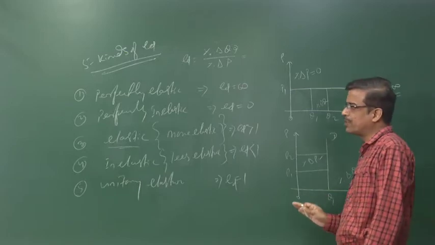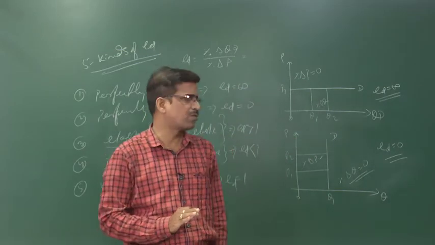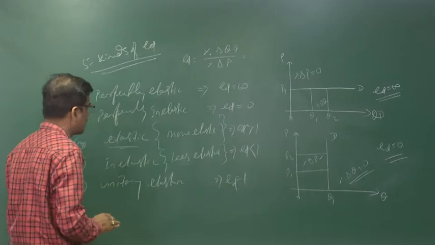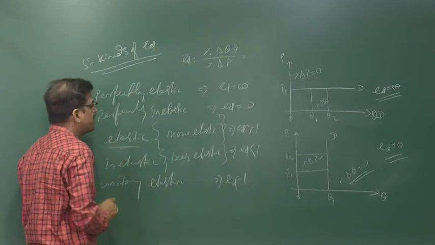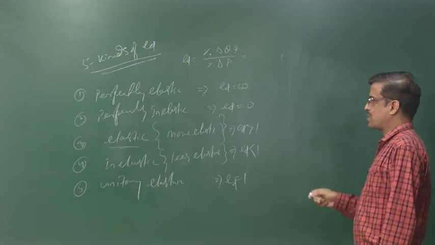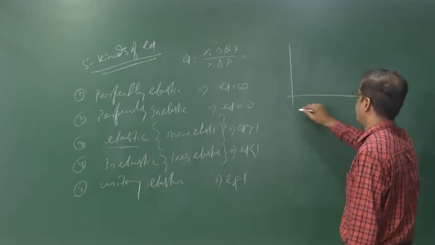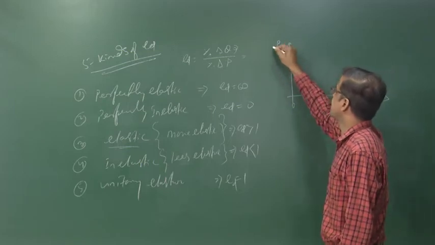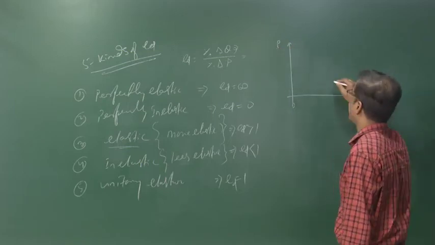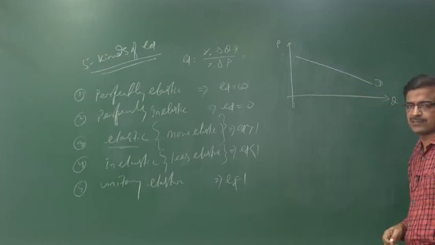After knowing the terms perfectly elastic and perfectly inelastic, now we move to the third concept, which is called more elastic or simply elastic. In case of elastic demand, the demand curve is a flatter demand curve. That means if there is a slight change in the price of the product, quantity demanded changes to a greater extent.